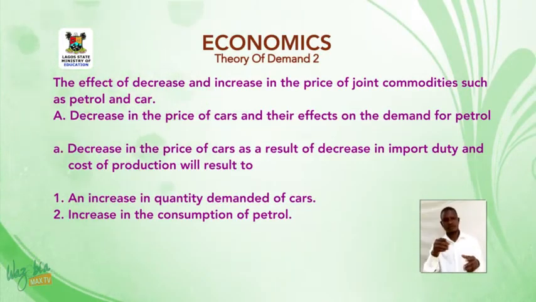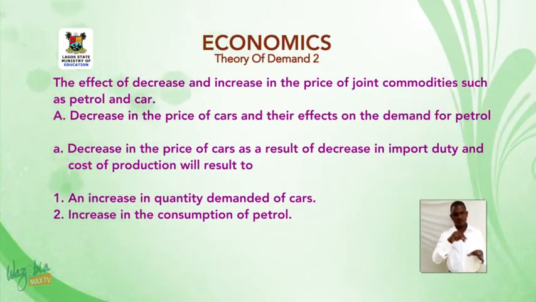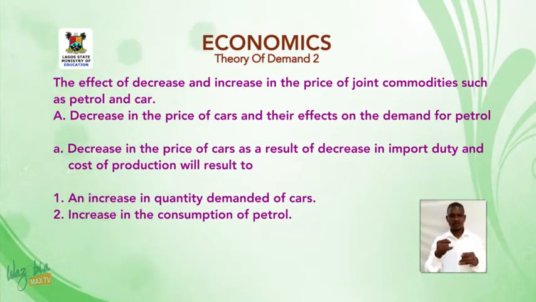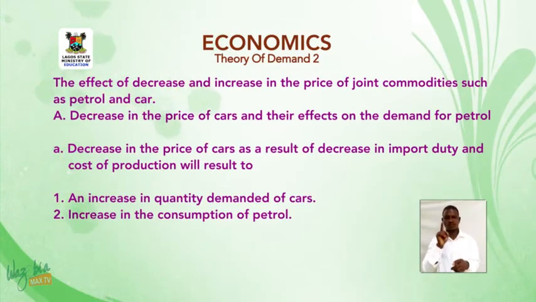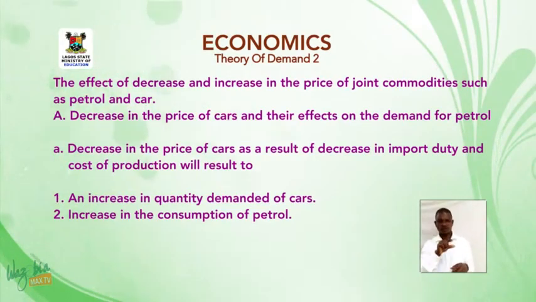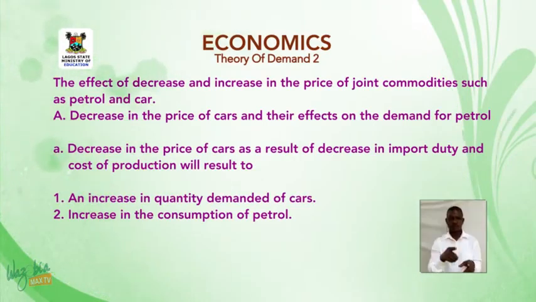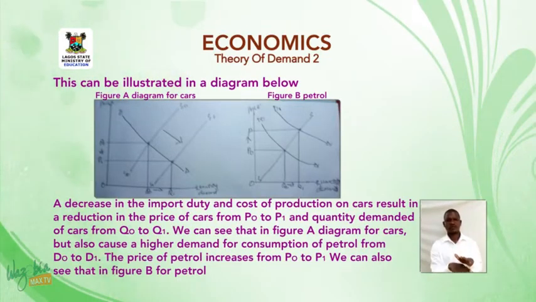A. Decrease in the price of cars and its effects on the demand for petrol. A decrease in the price of cars as a result of decrease in import duty and cost of production will result in 1. An increase in quantity demanded of cars, 2. Increase in the consumption of petrol. This can be illustrated in a diagram below.